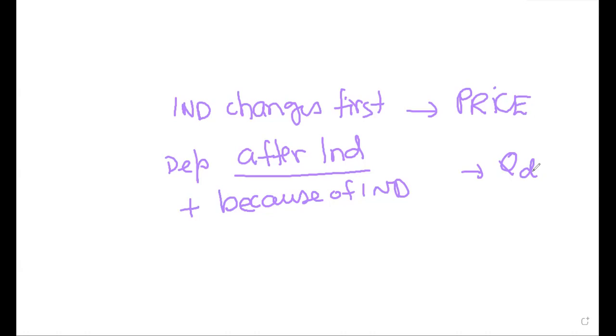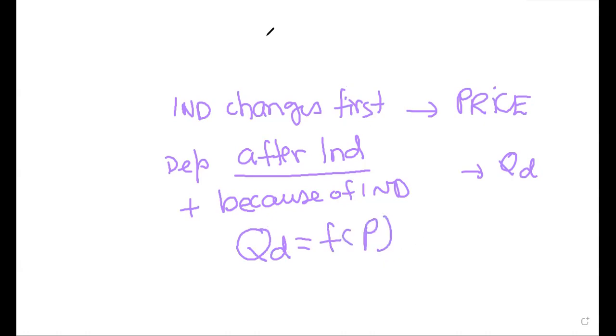No, sir. Independent variable always happens before dependent variable, but they are linked with each other. In this case, we can say they are linked. That's a functional relation. So quantity demanded is a function of, say, price.